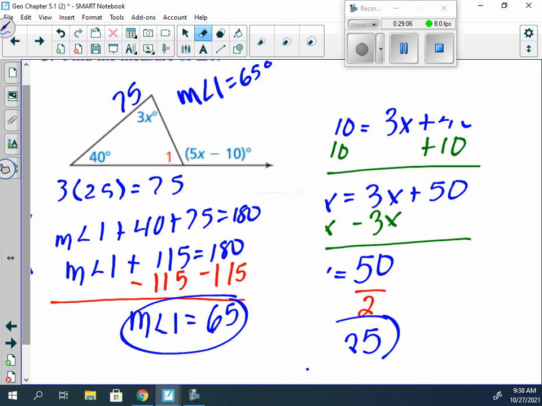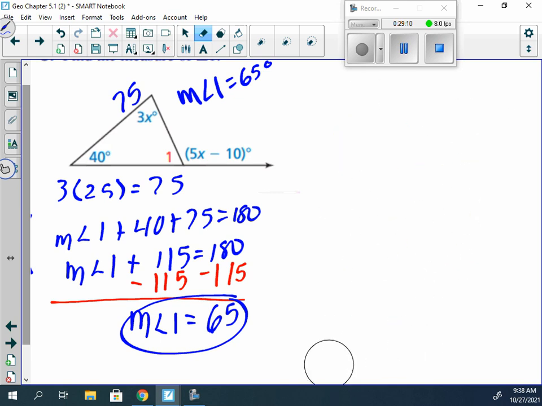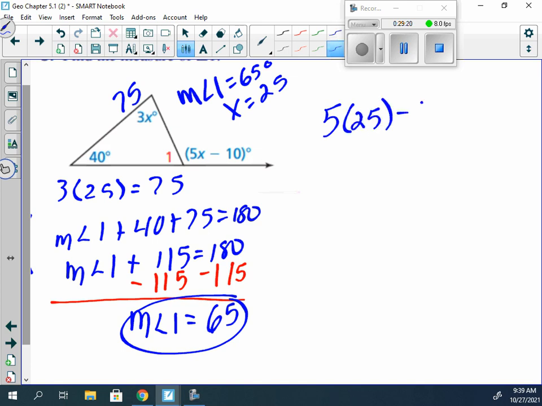I'm going to erase this here. Now, there's another way we could have gone about this. I mean, after we found out that x is 25, I could have found the angle over here, 5 times 25 minus 10. 5 times 25 is going to be 125, minus 10 is 115.